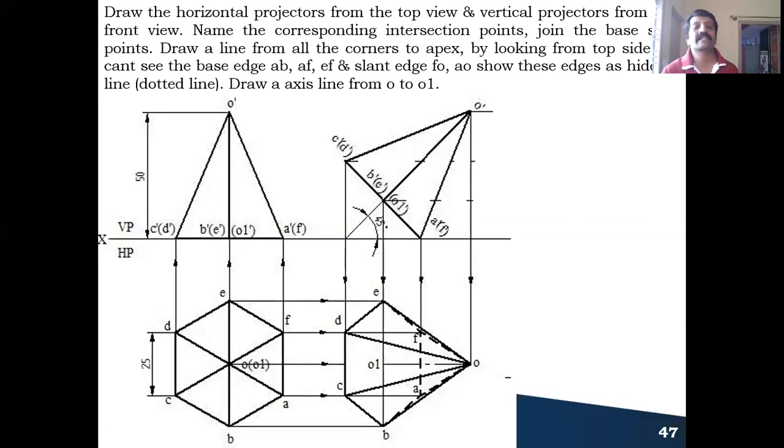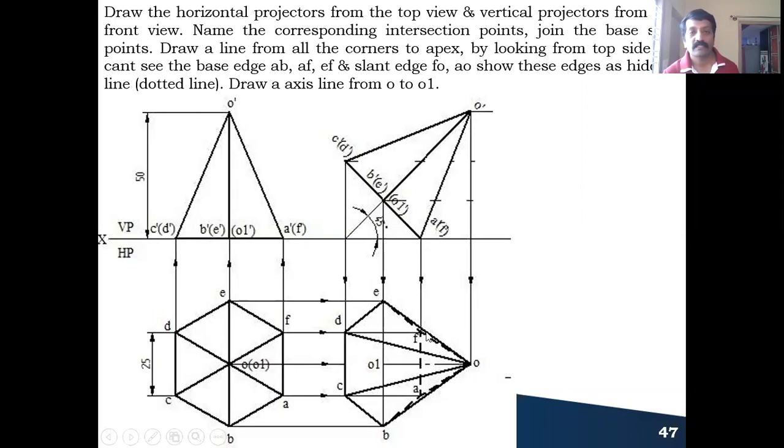And coming to the slant edges. You're looking from here, the slanted CO and DO you can see, they are very near to you. Next, BO and EO you can also see, they become the boundary or outline edges. And what about AO and FO?